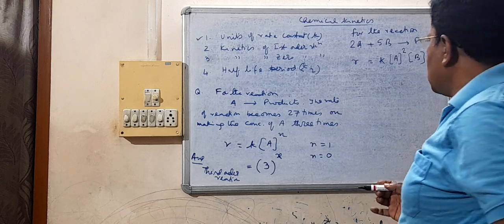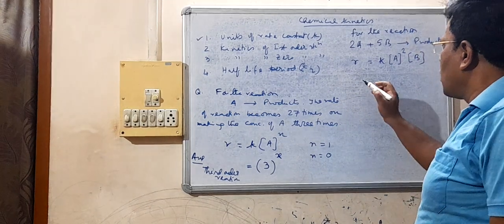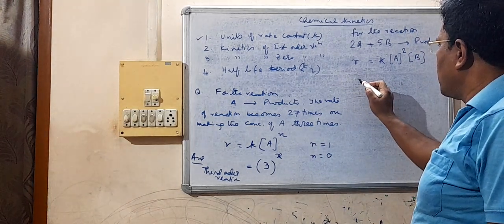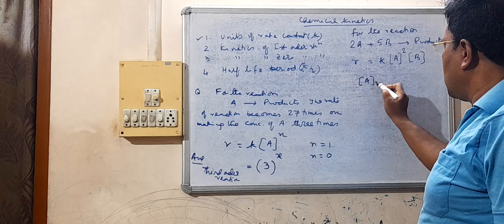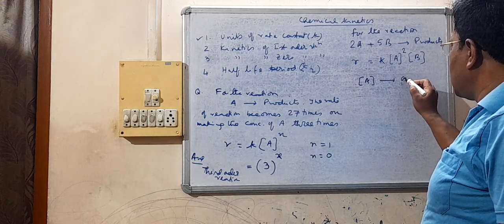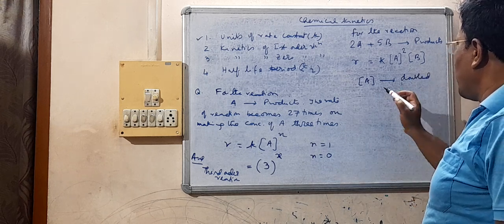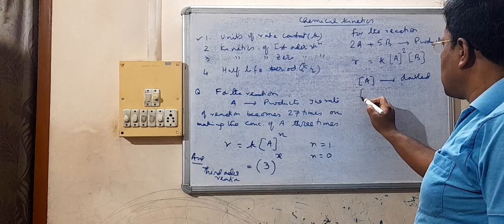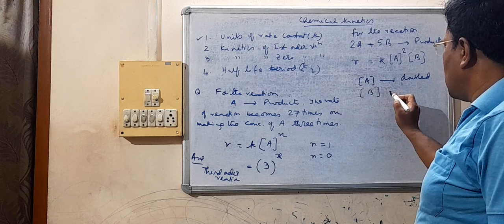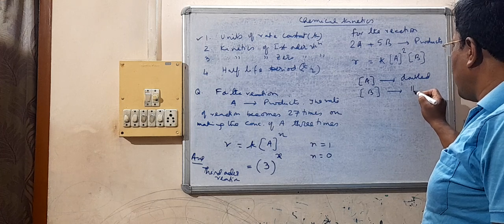So the question is, what happens to the rate of reaction when the concentration of A is doubled and the concentration of B is made half?